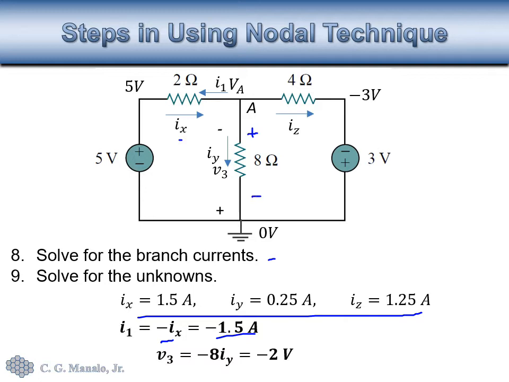But since V sub 3 is specified to be positive at the bottom, therefore we write negative 8IY. And that should give us a negative 2 volts, which is the same result that we got in solving the problem using mesh analysis.